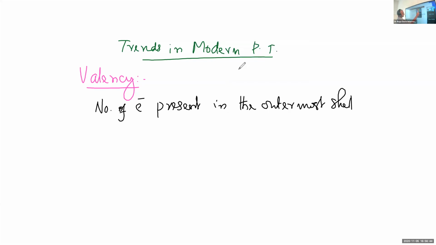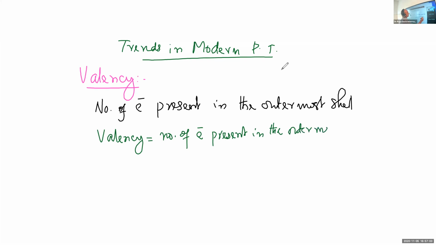Say, for example, you call it N. N is the number of electrons present in the outermost shell. Or it is equal to 8 minus N.